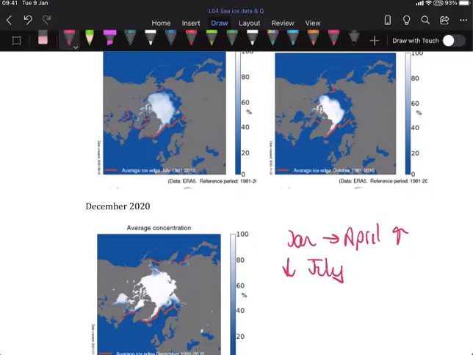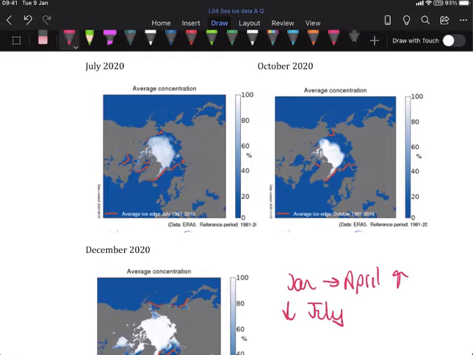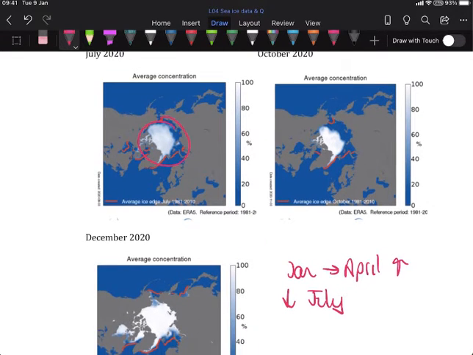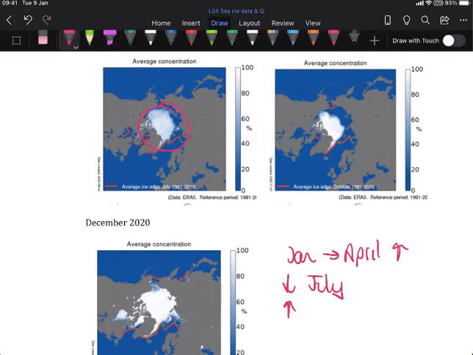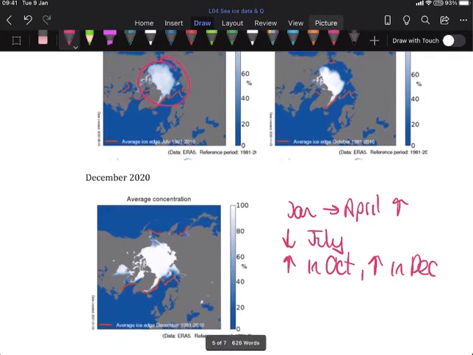And while again there looks like there is little sea ice in August or in October, in reality over here this ice is less patchy. There's more blue. It's not as intense white. So the ice is increasing again in October, and increases even more in December. Okay, so you're looking at the color and you're looking at how much space the ice is taking up.